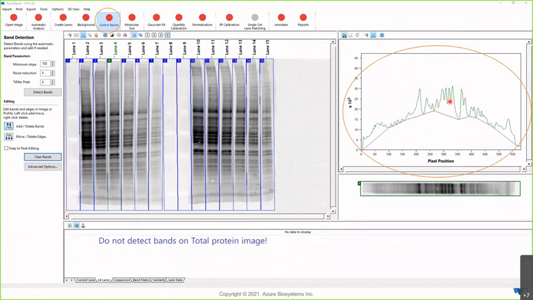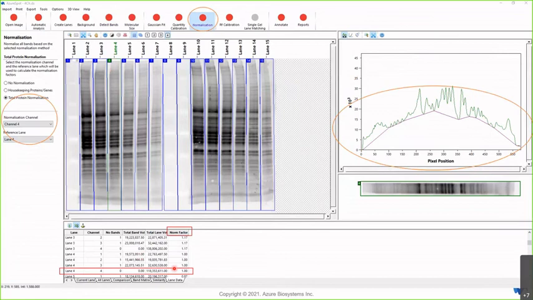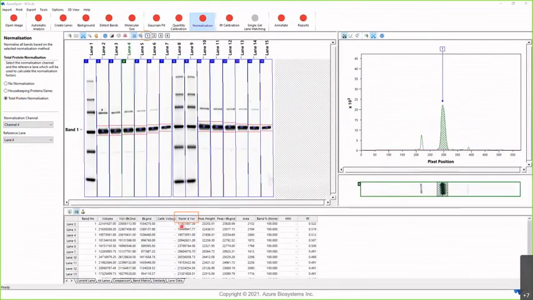Just get the density and volume of all of these peaks. Choose one lane to be your reference lane, and that becomes your 1. The rest of the volumes are divided by this volume to get the normalization factor. Then use this normalization factor to get the normalized volume of each of the protein bands. It's quite straightforward, very easy.